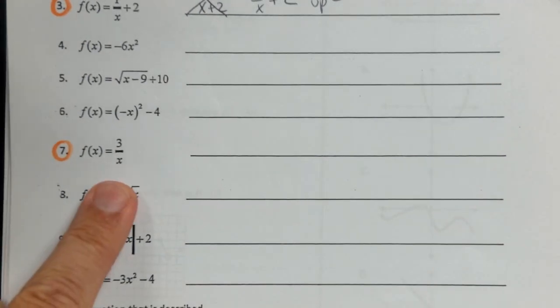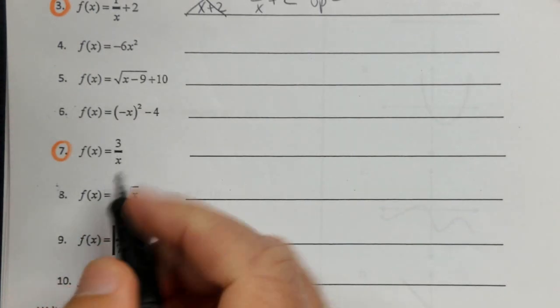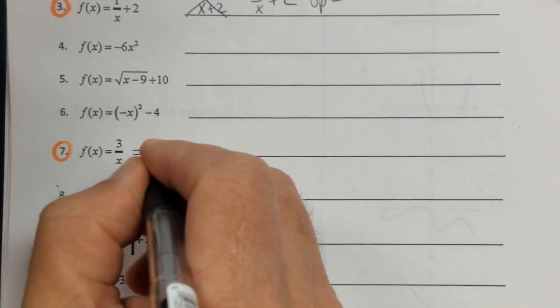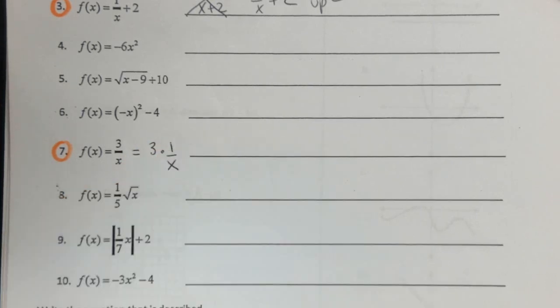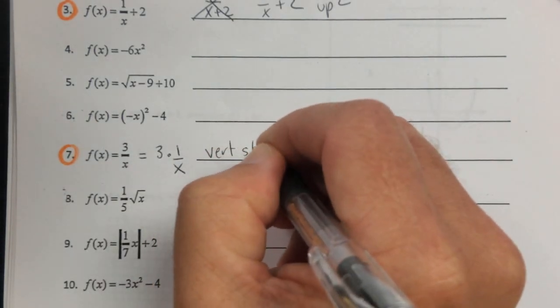Some people got confused on 7, probably because we didn't do a whole lot of rational graphs. But if I rewrote it like this, then could you answer what the transformation is? It makes it a little more obvious, I think. Vertical stretch. Because you're multiplying by 3.